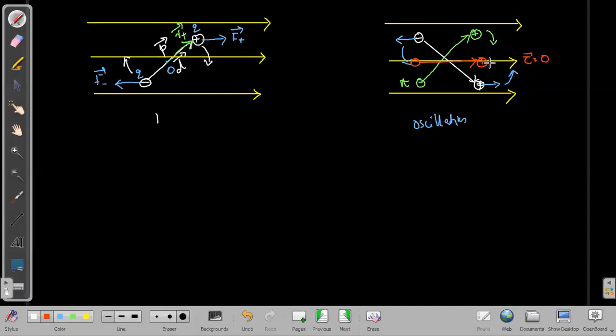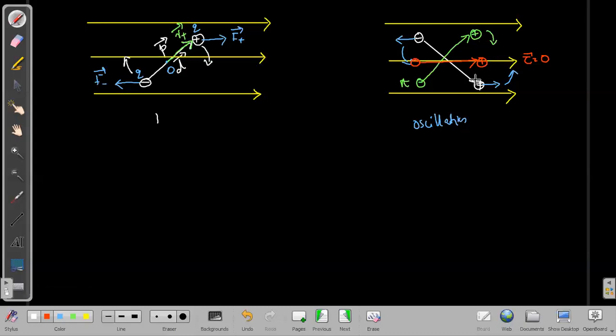Even though the torque is 0, the molecule may not become stationary here. It will not take rest here, because while moving from the original orientation, it will acquire some kinetic energy when it reaches this position. Then it will move to the next direction.